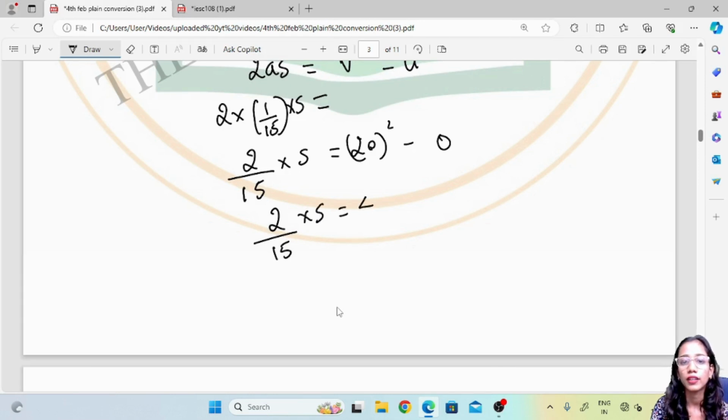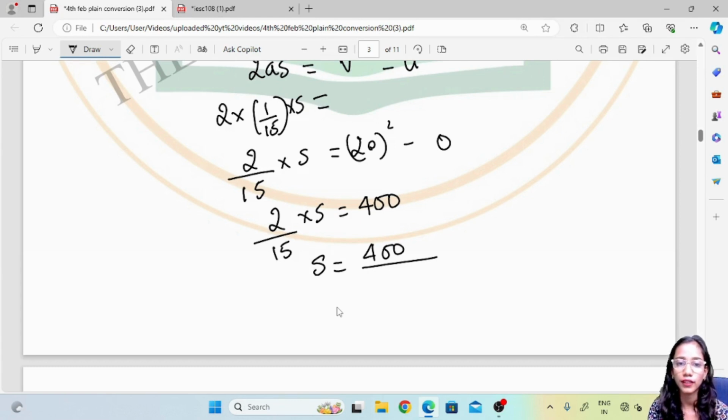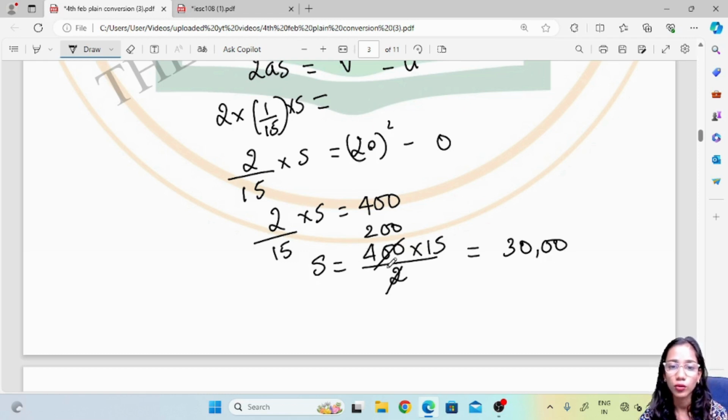We know that 20 into 20 is 400. So s will be equal to 400 upon 2 by 15, inverse. So the final answer will be 30,000.